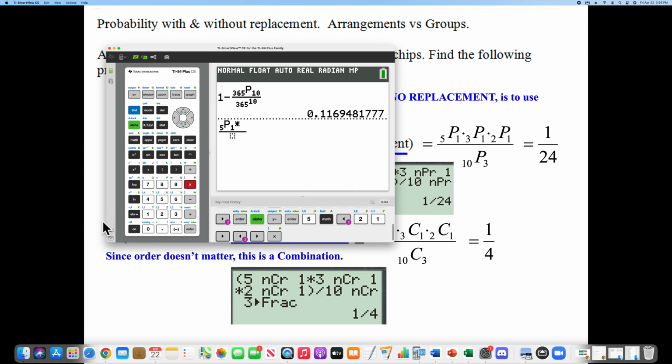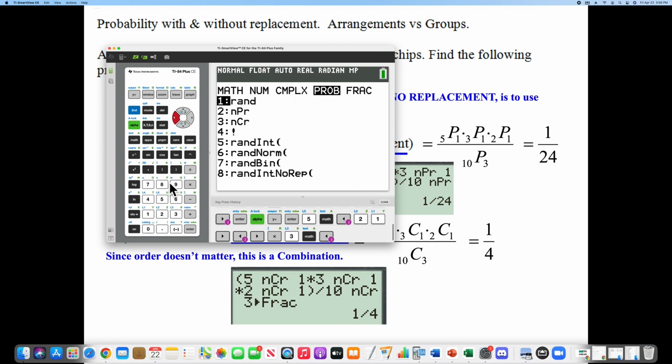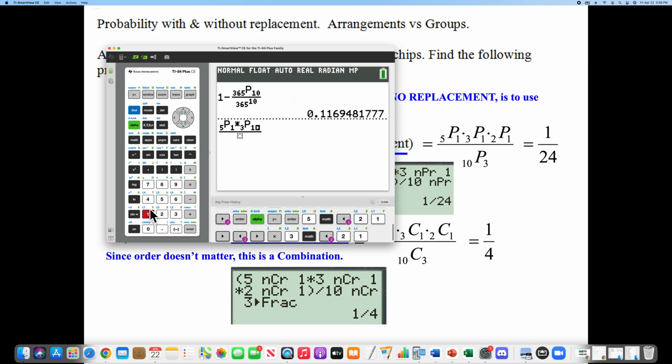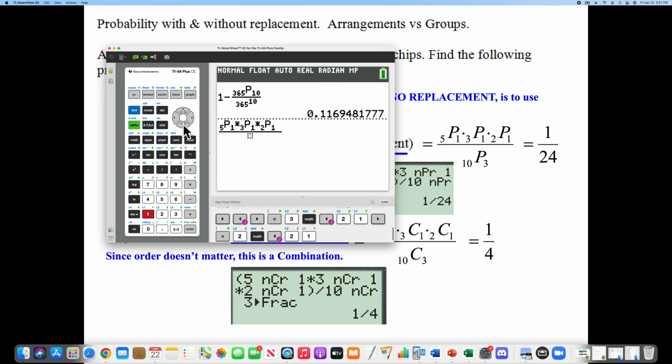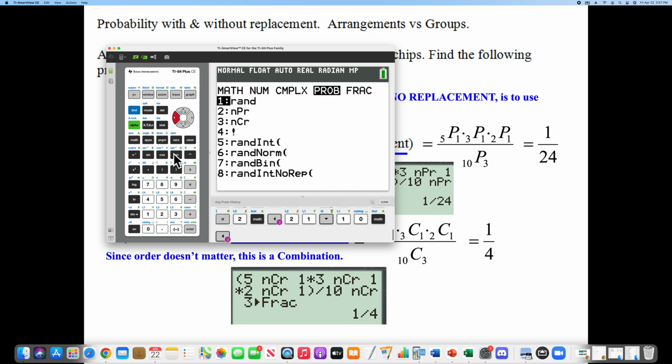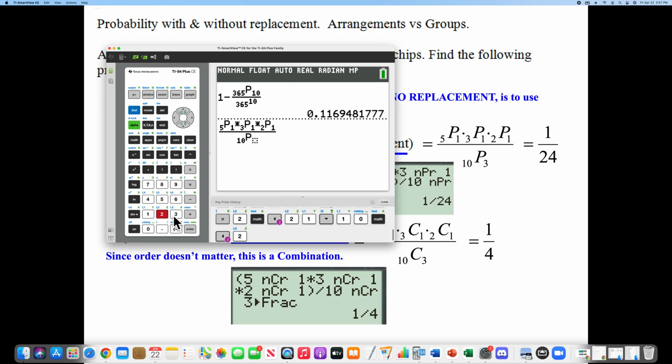Then we want to do 3 permutation 1. 3 math over to probability number 2 for permutation 1. Right arrow out of there, times 2 math probability number 2, put in your 1, and then 10 math probability permutation number 2, 3, and now you hit enter. It'll leave it in fractional form for you. All right, so that's the last of our probabilities.